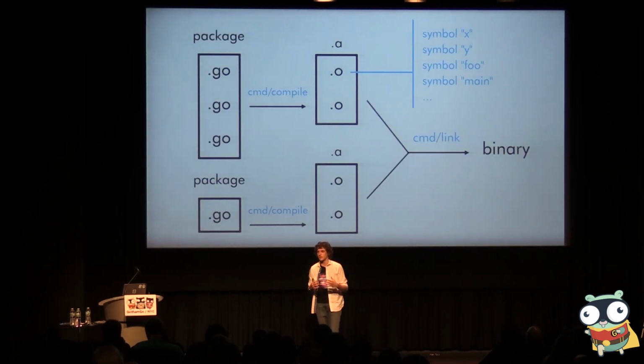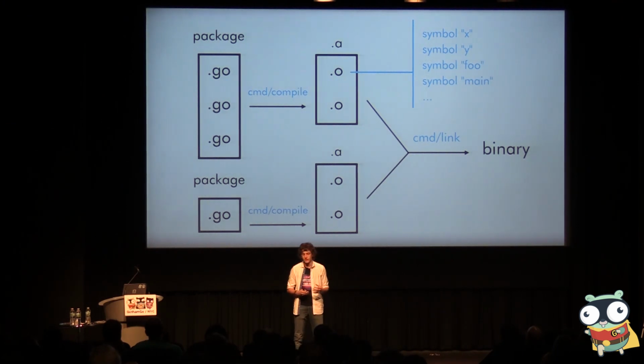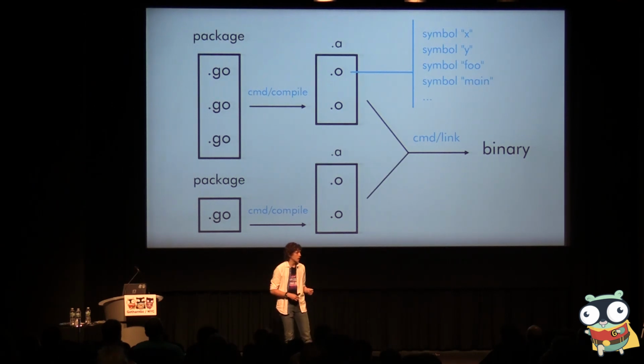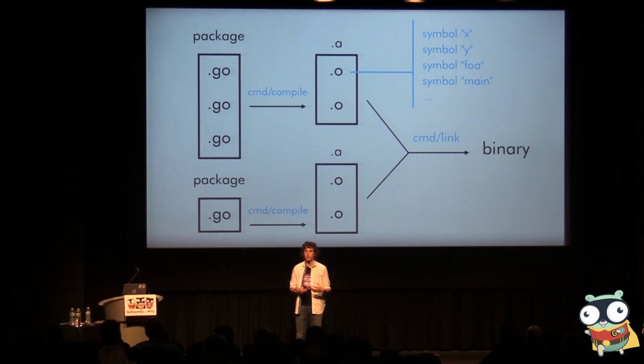For those like me that didn't have the occasion to study how compilers work, the idea is that the compiler takes some code, like Go, and the Go compiler, command compile, takes code in groups of packages, and compiles it into object files. Object files are a collection of symbols and the code that represents them.